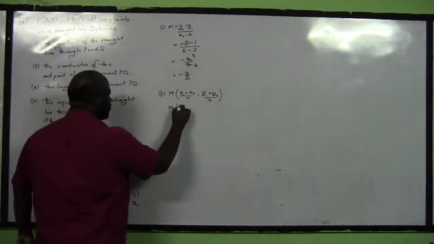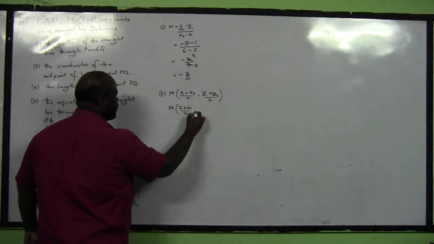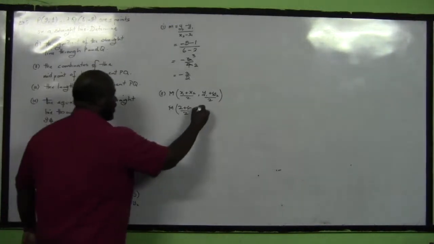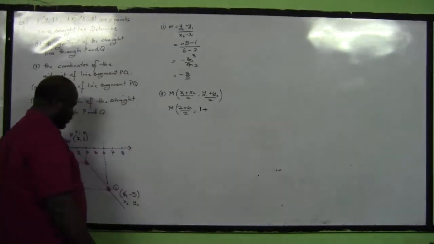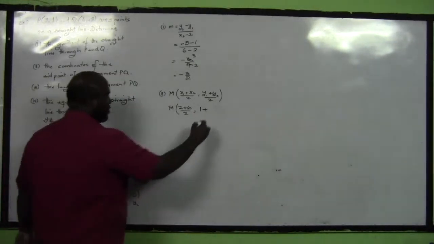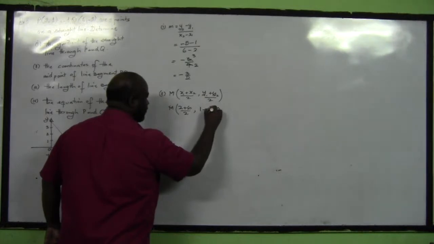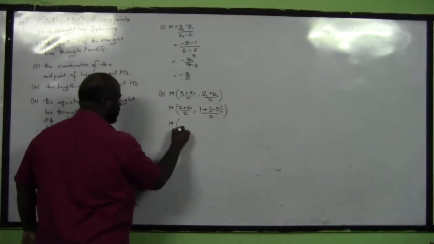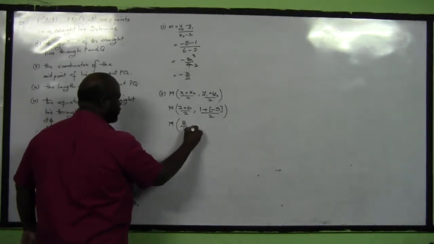So this is 2 plus 6 over 2. What is y1? 1. Plus, what is y2? Minus 5, over 2. This is 8 over 2.